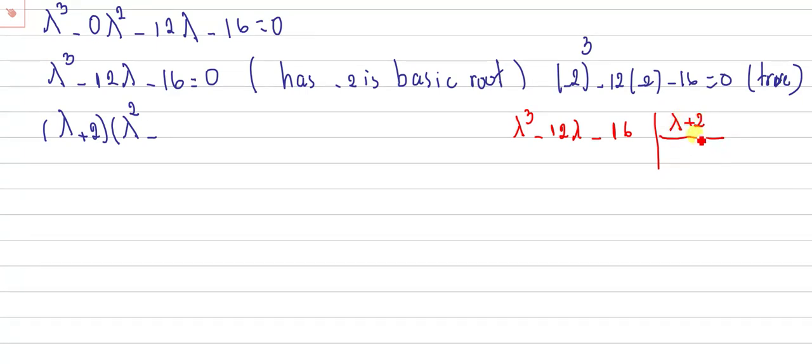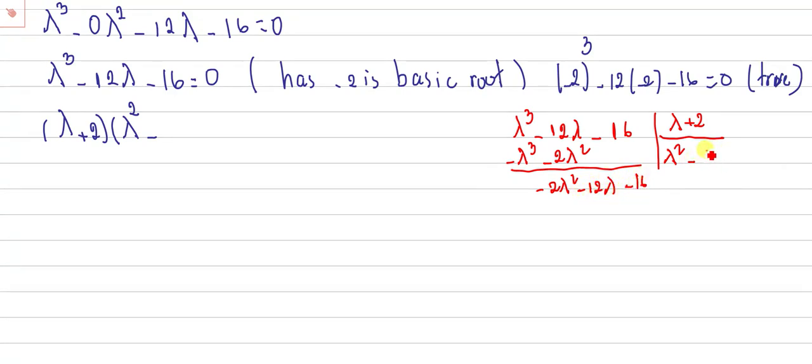lambda plus 2. So we write this one, lambda square is minus lambda cube, minus this one is 2 lambda square. So we got this one is minus 2 lambda square minus 12 lambda minus 16.